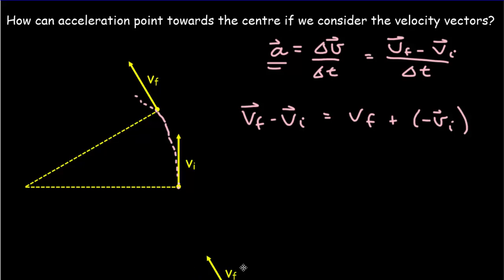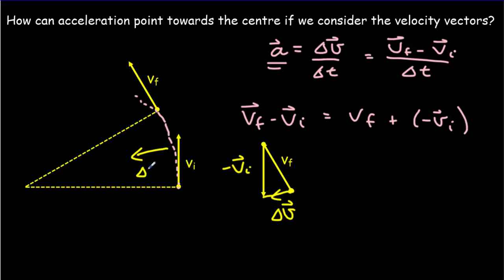So I'm taking that vector vF and I'm adding it not to vI but to negative vI. This vector here is negative vI. And if I add those up, the resultant vector, of course, goes from that first tail to that last head. This is the change in velocity vector. And you can see that that direction is towards the center of the circle.